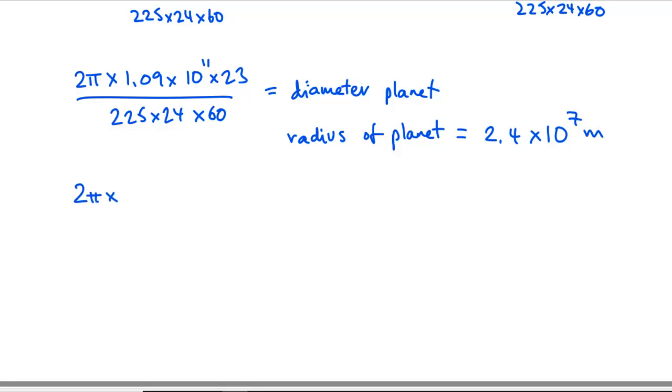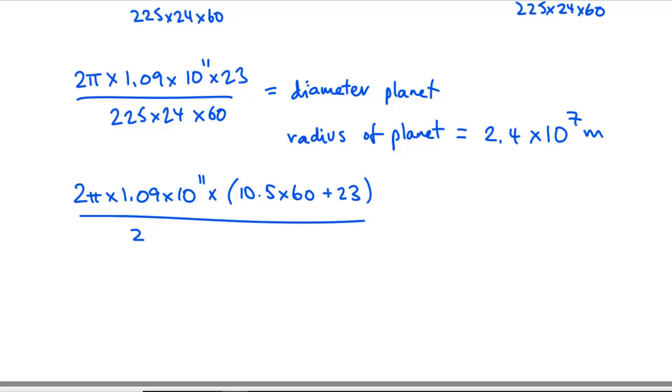So do it again, 2 pi times 1.09 times 10 to the 11. But now we've got to multiply it by 10.5 hours, so that'd be 10.5 times 60 plus the 23, and then divide it by the 225 times 24 times 60. And then that will give us the diameter of the star.